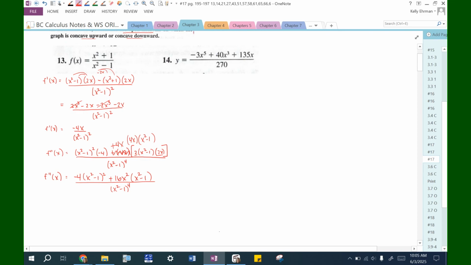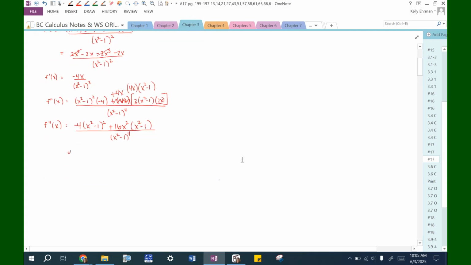All right, now we should factor this a little bit in the top. I see a GCF that can come out. Both of these have a minus 4. Both of these terms have an x squared minus 1 to the first power at least. And so what do you get if you factor that out? So the negative 4's divide out to 1. This divides out to x squared minus 1.